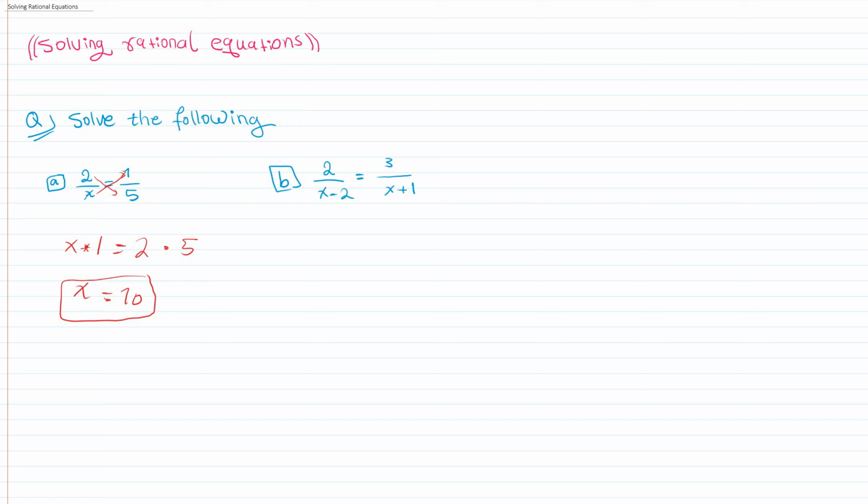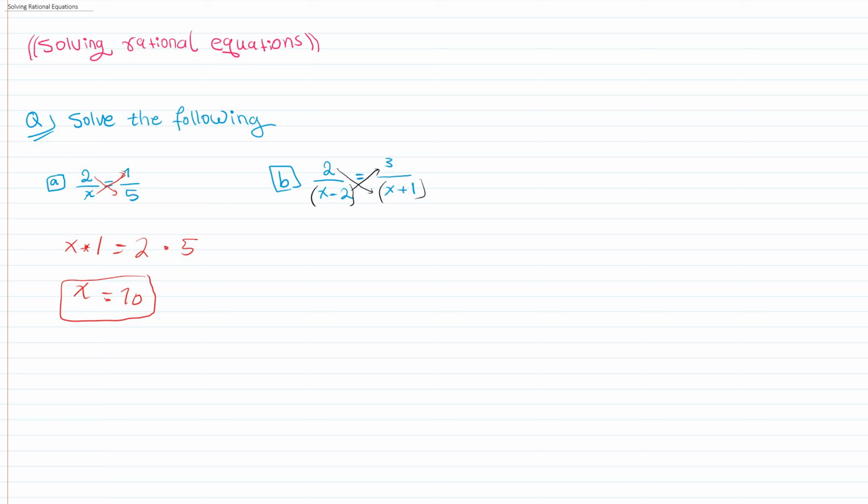Since we have single fractions on both sides, single rational equations, we can cross product. Now we can multiply 2 by this one and x minus 2 by 3. But remember, students, you need to put brackets. Why brackets?